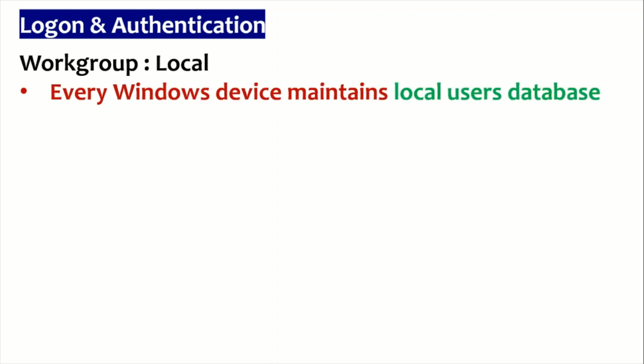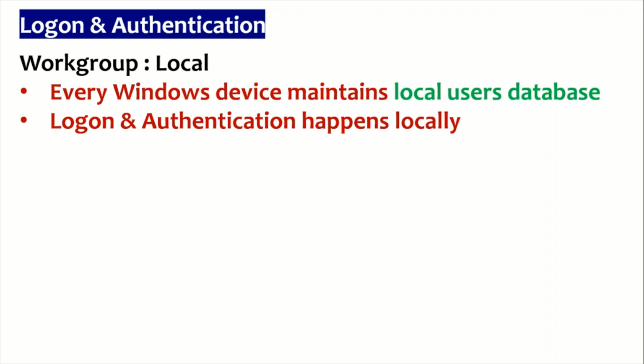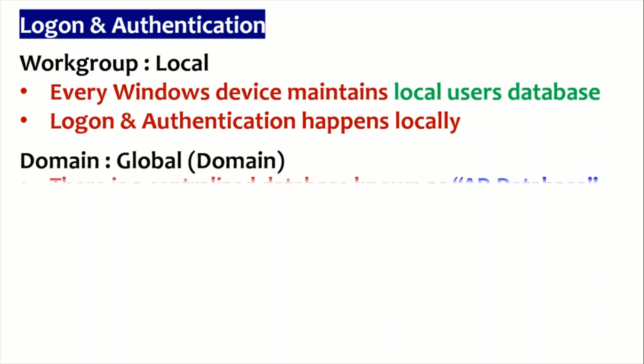In a workgroup environment, the logon and authentication is always local. Every Windows device in a workgroup environment will maintain a local user database, and logon and authentication happens locally. But in a domain environment, the logon and authentication is always global.